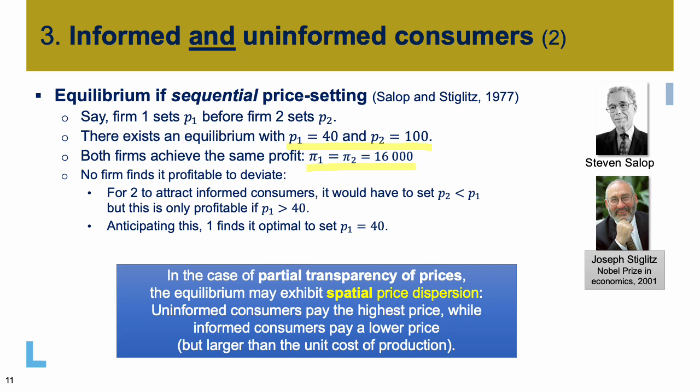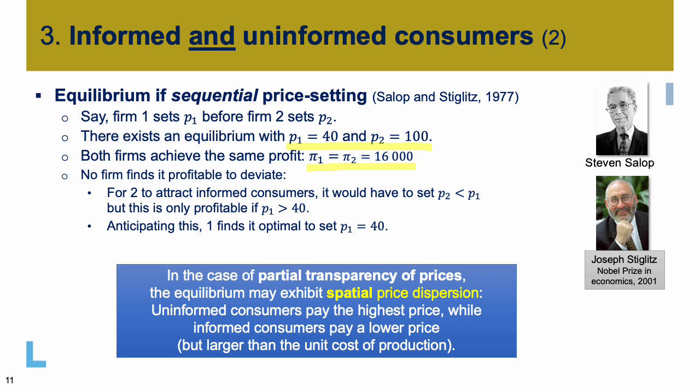And remember, 16,000 is the profit that each firm can secure by setting a price of 100 and serving only its 200 captive consumers. Okay, so it's not worth it for firm 2 to lower the price below 40, and so while having a larger price, it's better to set it at the largest possible level, which is 100. Okay, so it's perfectly rational for firm 2 to set a price of 100 if it observes that firm 1 has set a price of 40.